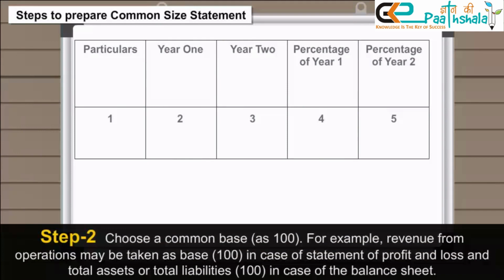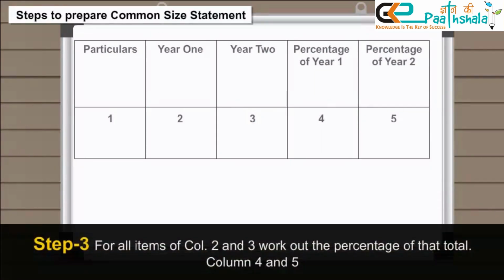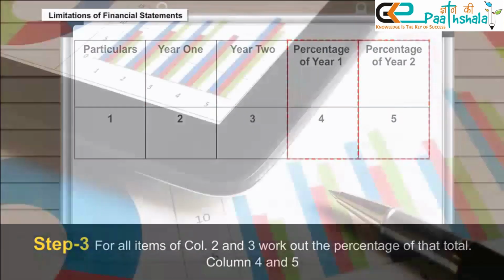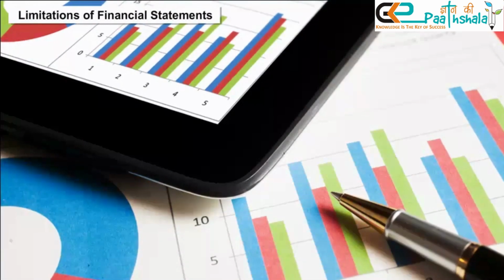For example, revenue from operations may be taken as a base 100 in case of statement of profit and loss, and total assets or total liabilities 100 in case of balance sheet. Step 3. For all items of column 2 and 3, work out the percentage of that total, column 4 and 5.